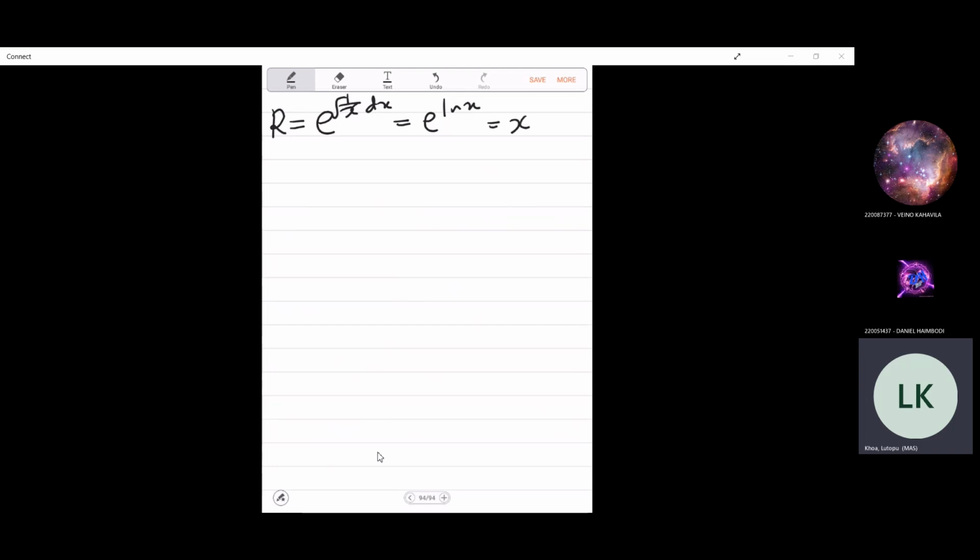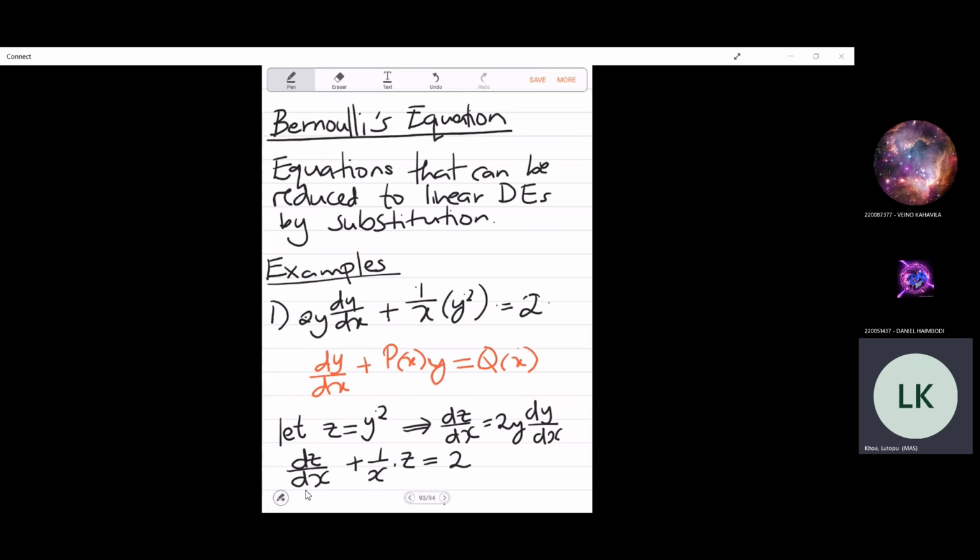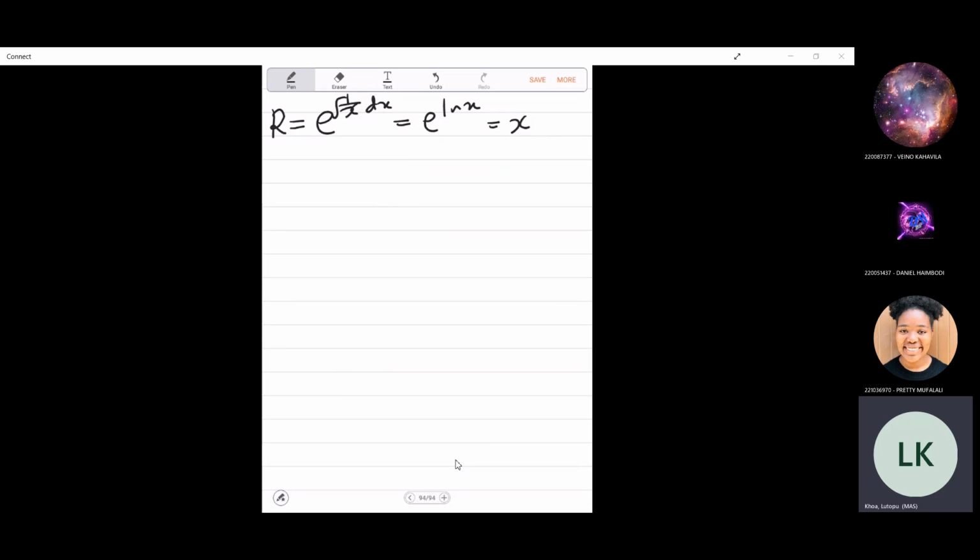So then we multiply everything by x. That will give us x dz/dx plus 1 over x times x is 1, you have z, and this is equal to 2x.